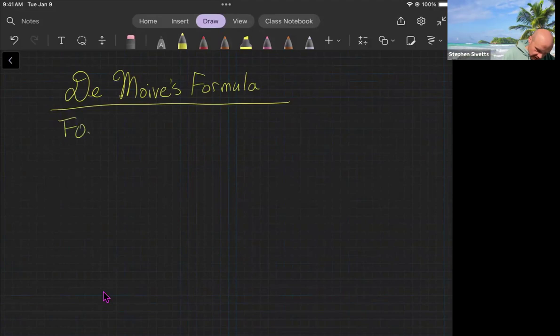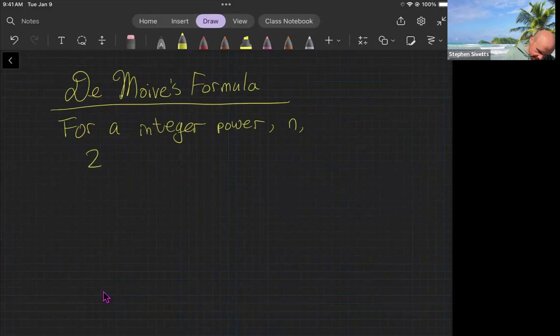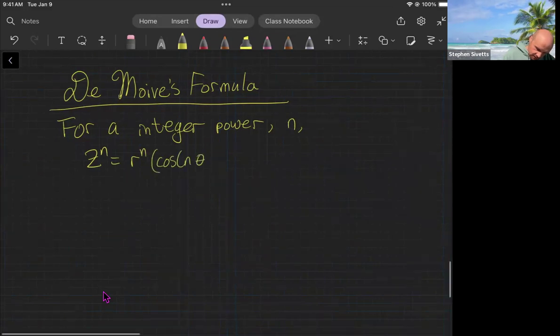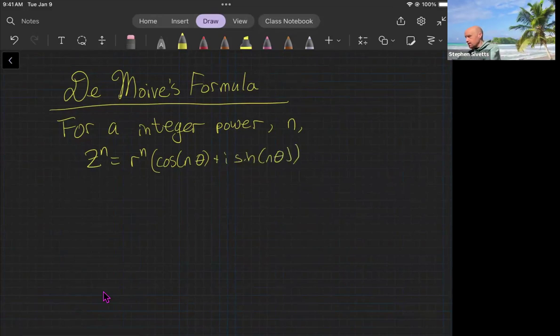So for an integer power n, z to the n is equal to r to the n times cosine of n theta plus I sine of n times theta.